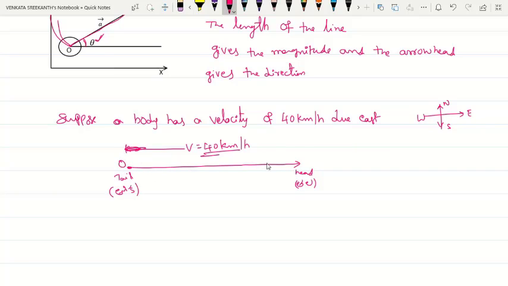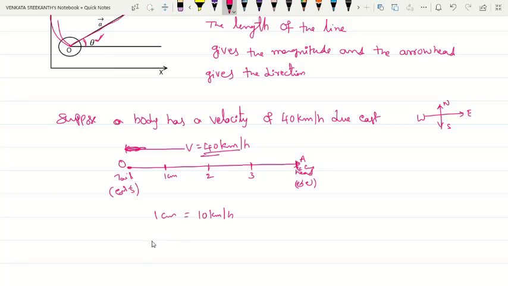I am considering this is O, this is A. O is the tail, A is the head. If I consider 1 centimeter to represent a velocity of 10 kilometers per hour, then the line OA is 2 centimeters, 3 centimeters, and 4 centimeters.